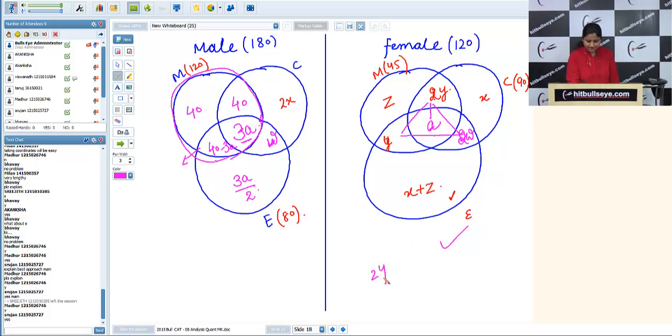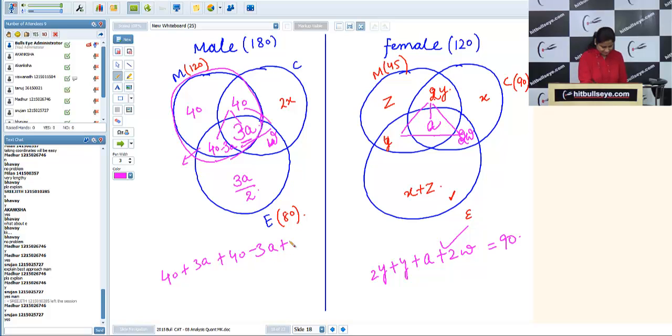So it will be 2y plus a plus 2w, that is 90. Similarly, if we take the total of these things, it will be 40 plus 3a plus 40 minus 3a plus w. This is given as 105. It will give you the value of w.